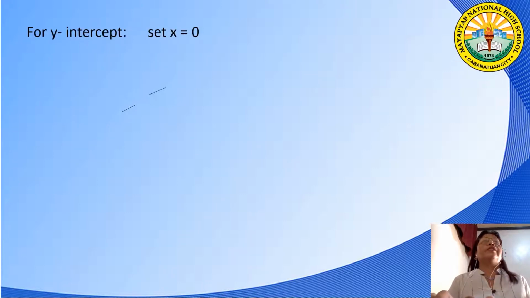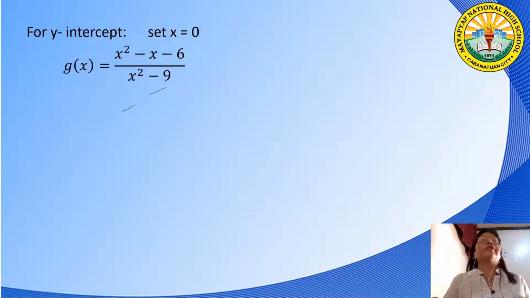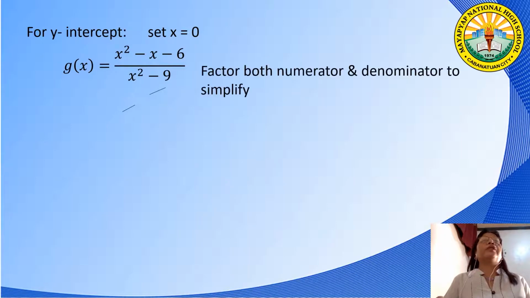For the y-intercept, you set x to 0. In our example, we have g of x equals x squared minus x minus 6 divided by x squared minus 9. Both numerator and denominator are factorable. So you factor both numerator and denominator, then simplify.